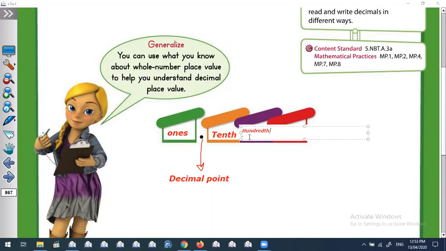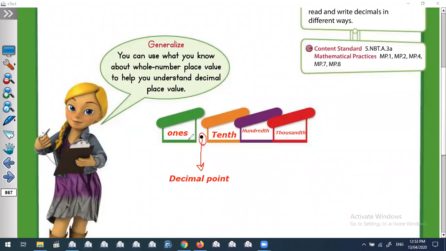Any number of the decimal at the right of the decimal point has TH included. The next one after hundredth is thousandth, with TH also.